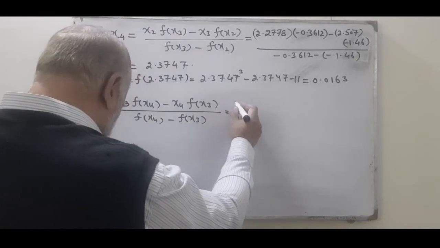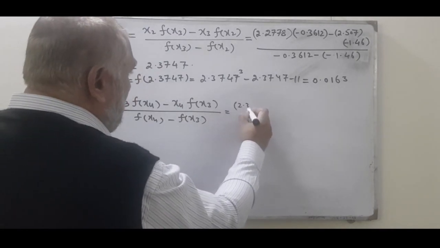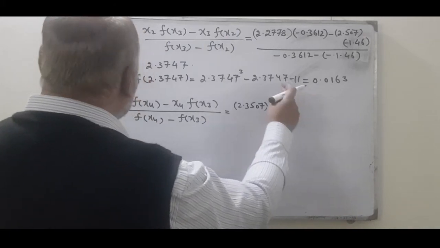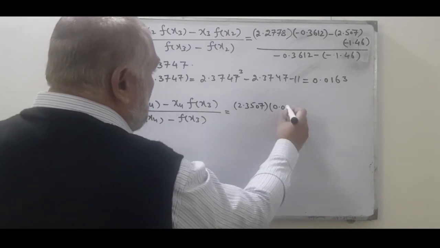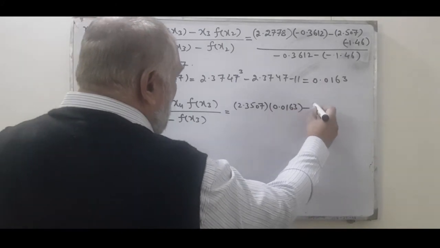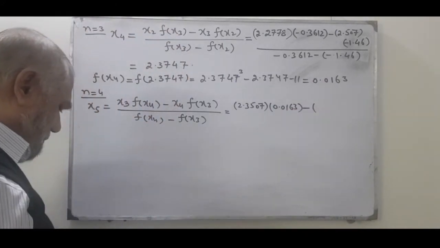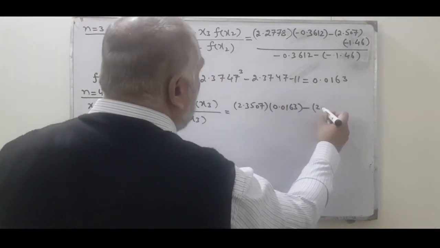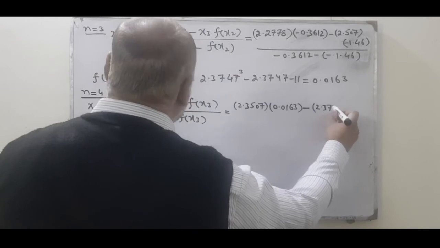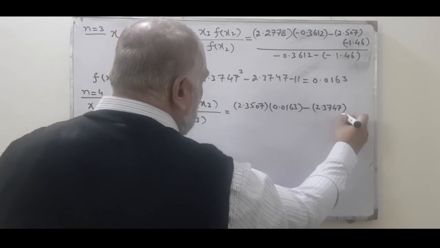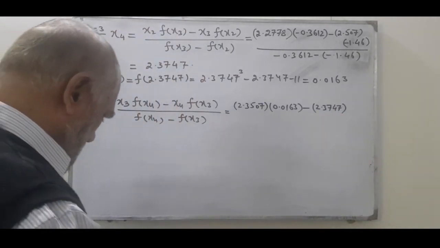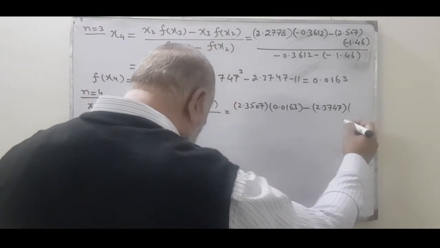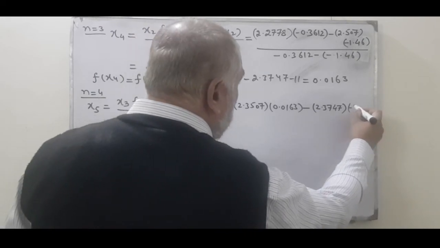x3 was equal to 2.3507. f(x4) is, we have just calculated, 0.0163. And x4 is 2.3747. And the value of the function f(x3) was minus 0.3612.